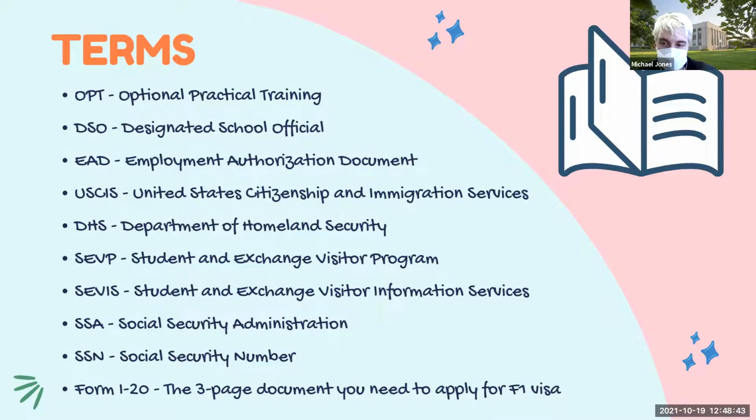So if anyone says you need to go to the SSA or talk to SSA, that's who you will go to, and they administer the Social Security numbers, which is SSN. And then Form I-20, I think you all should know this by now, but that's the 3-page document that you need to apply for the F1 visa.